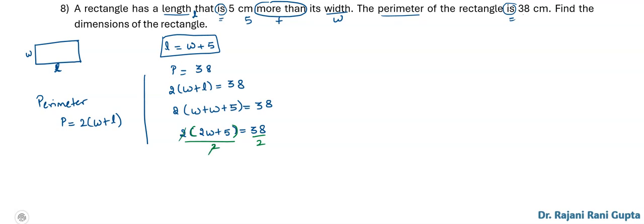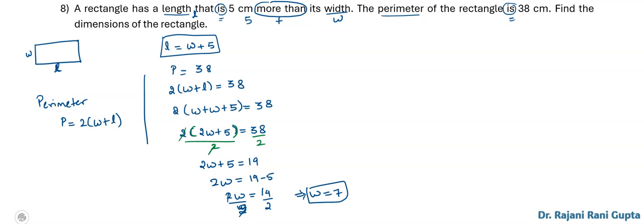So this gives you 2W plus 5 is equal to 19. Taking 5 on the other side, you get the value of 2W as 14. That gives you W as 7.